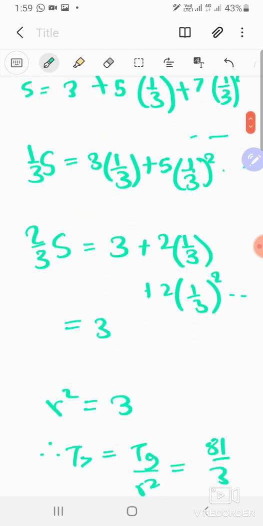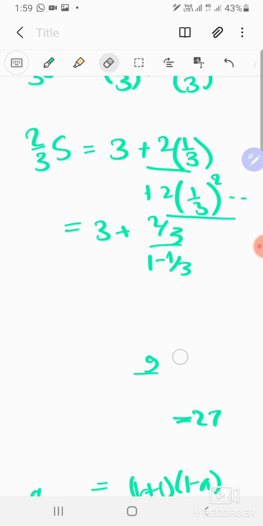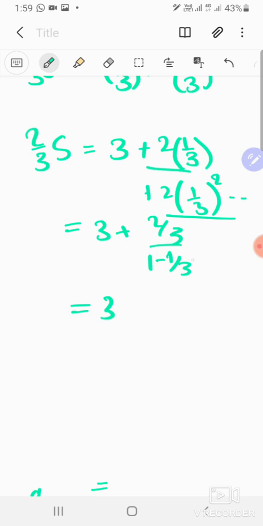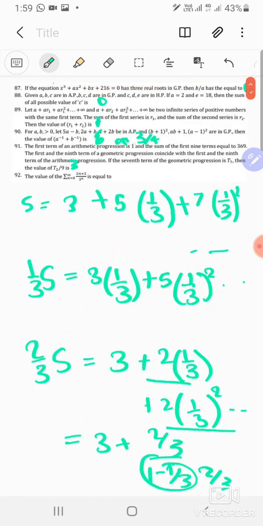So that will be like 3 plus 2 by 3 upon 1 minus 1 by 3, because this sum is like an infinite geometric series. So that will be 3, and this thing is just 2 by 3 itself, so it's like 3 plus 1, so 2 by 3 s is equal to 4, so s has to be 6 in that case. Right, that's it. This sum is going to be 6.